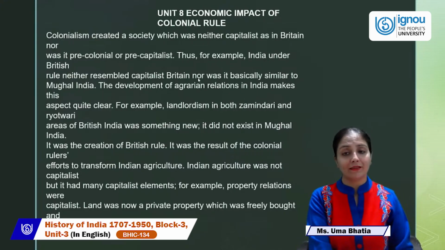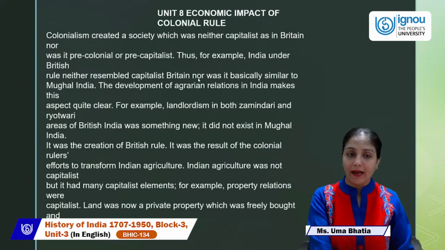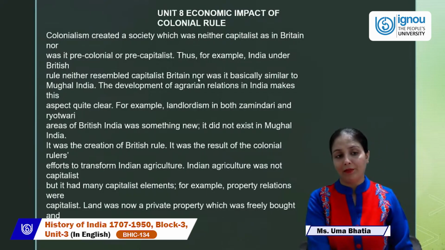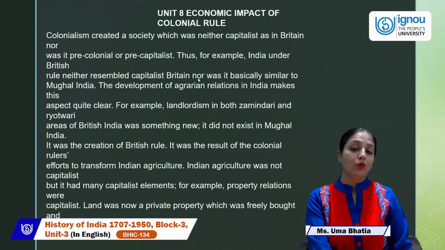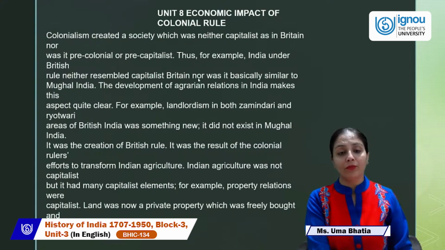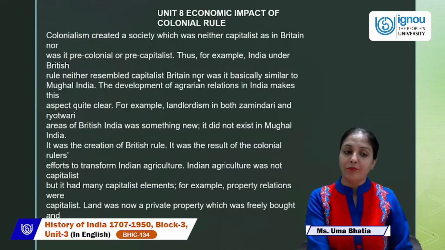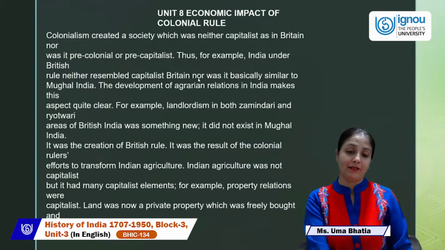What did not exist in Mughal India? The Zamindari and Ryotwari settlements. They were a creation of British rule only, the result of colonial rulers' efforts to transform Indian agriculture. Indian agriculture was not capitalist, but it had many capitalist elements. For example, property relations were capitalist.